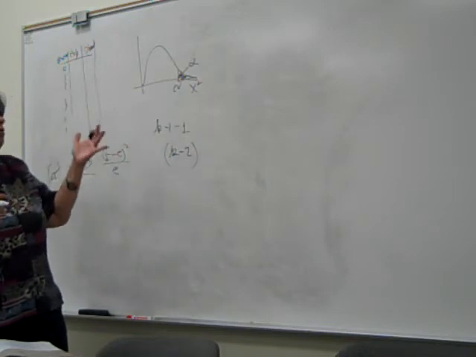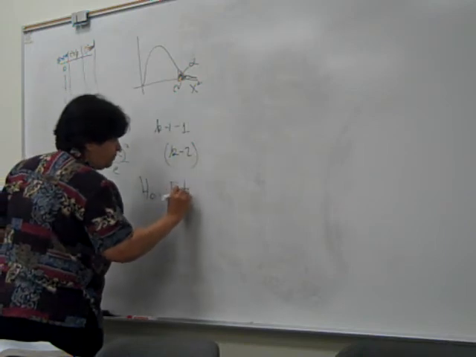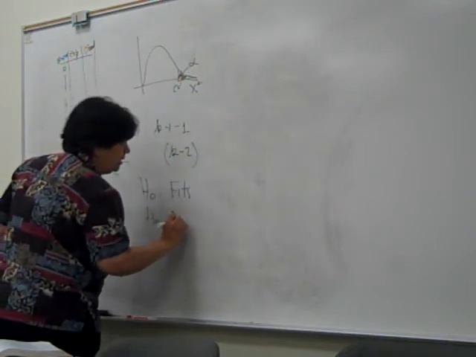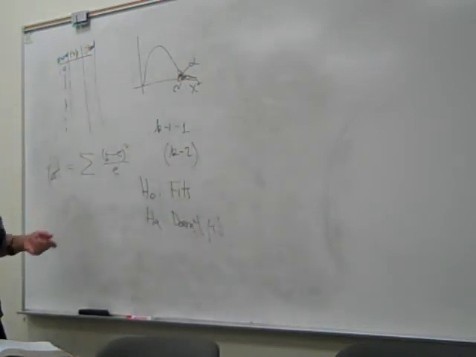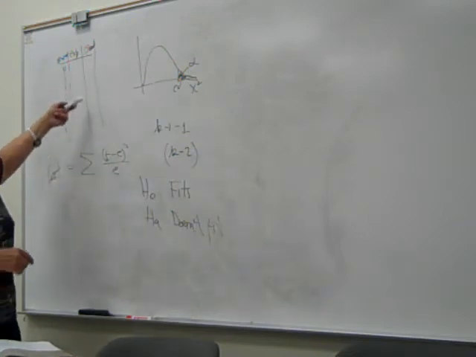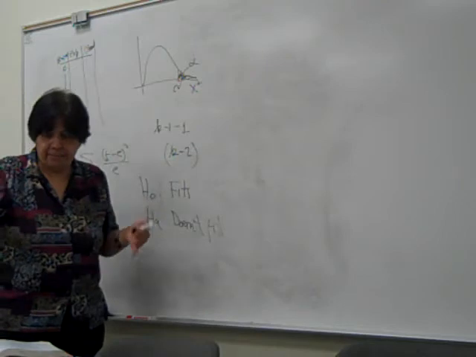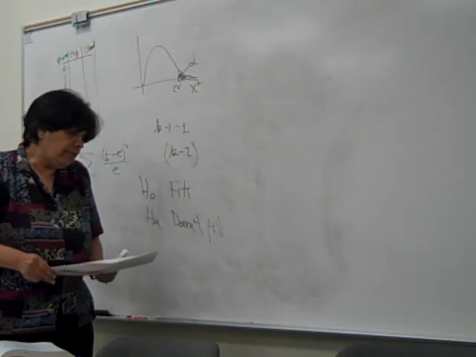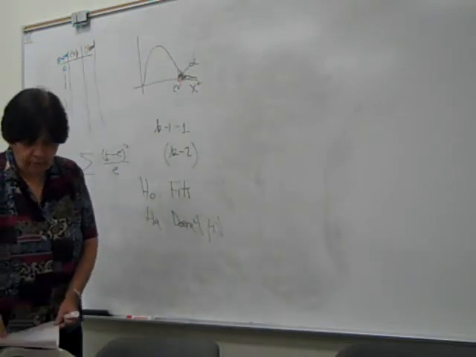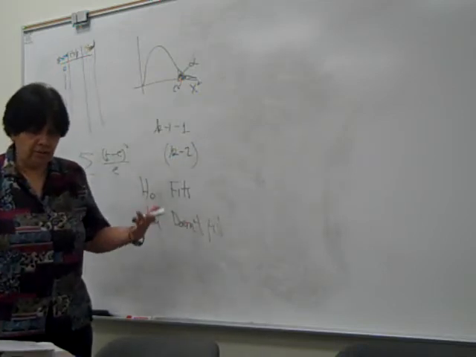Again, for this one we have only the upper tail test, because the null hypothesis is that it fits, and the alternative is that it doesn't fit the Poisson distribution with the mu that we calculate or estimate, if you will. Okay, let's do one example. Again, this is tedious, but it's not difficult at all.